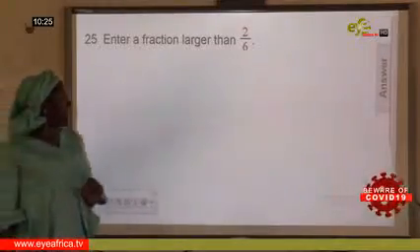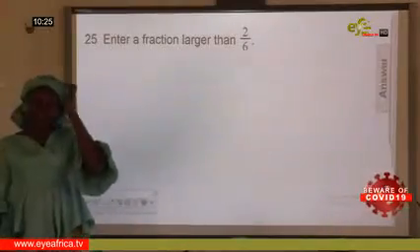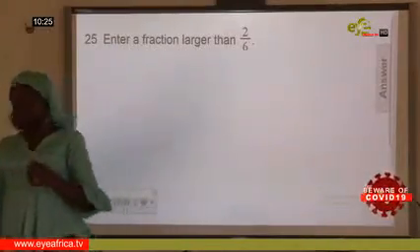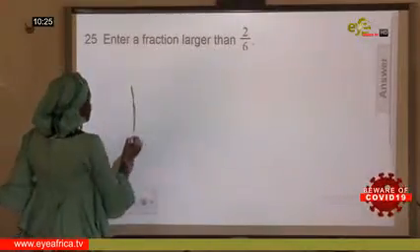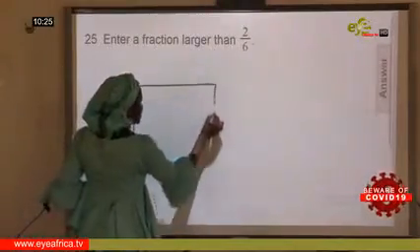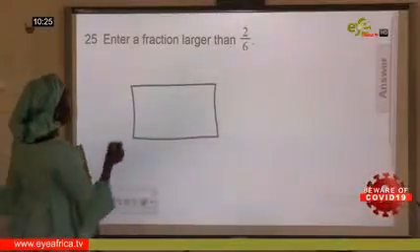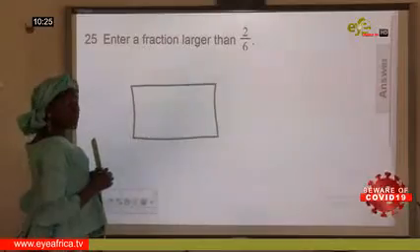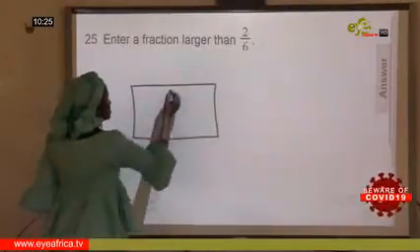Enter a fraction larger than 2/6. Here I can use a chart or a diagram to represent this. This is a diagram. I will divide this diagram into 6 equal parts because our denominator is 6.